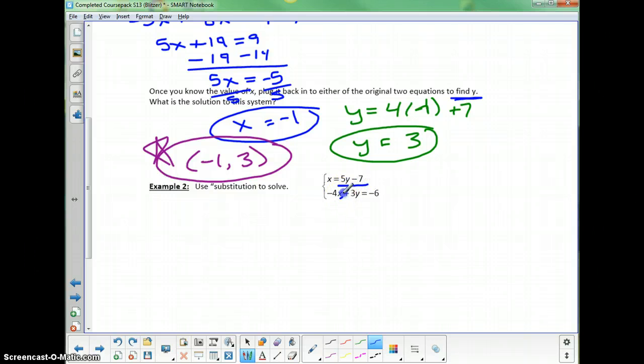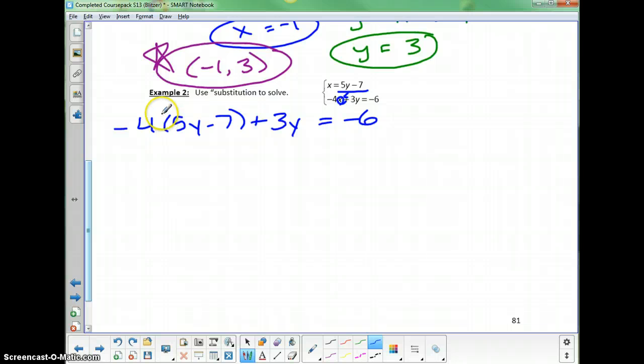And if I replace the x in the second equation with that expression, I'm going to be able to solve for y. So I'm going to do a substitution here. Since I already know what x is equal to, I'm going to replace x with that value, 5y minus 7. Finish the equation, plus 3y equals negative 6. And we're going to solve.